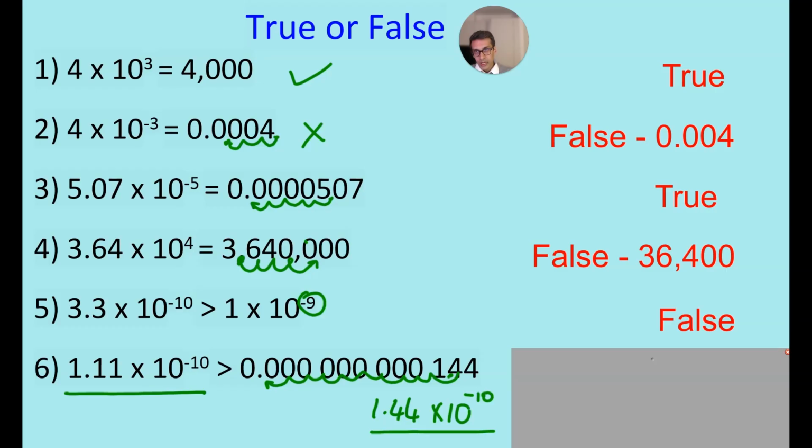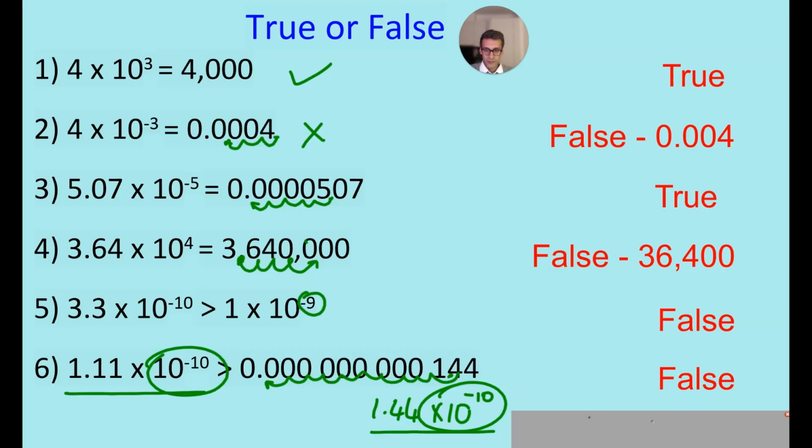Now, because the powers match, we can just ignore those, and we're just comparing 1.11 with 1.44. So in this case, we know that 1.44 is bigger, so this doesn't work out to be true. This is false. It should be the other way around.